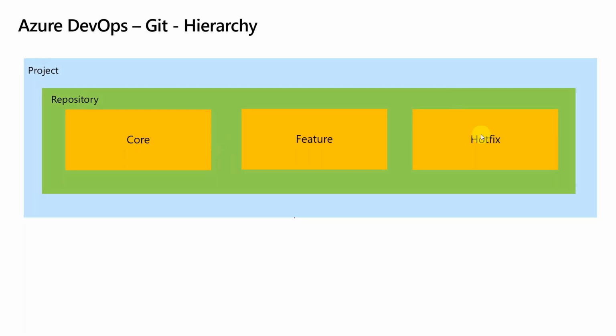Only core branches, generally the main branch and develop branch, should never be deleted. I will explain how feature branches are created, when main and develop branches are created, how hotfix branches are created, and when they get deleted in the upcoming slides.